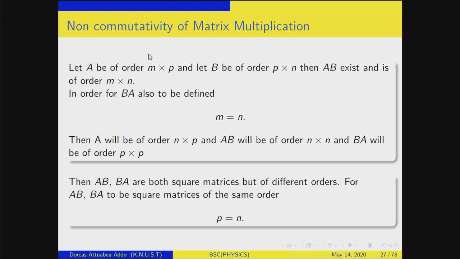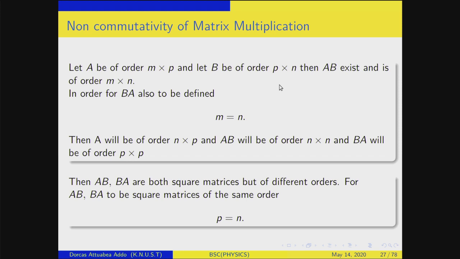So in order for BA to be defined, going back to the previous question I asked, if AB is equal to BA, then M should be equal to N. It means that the number of rows here should also be equal to the number of columns here.